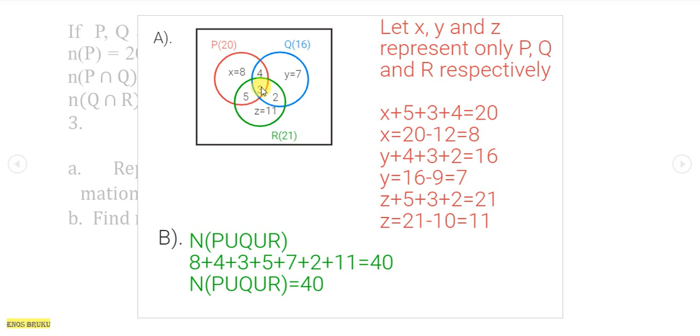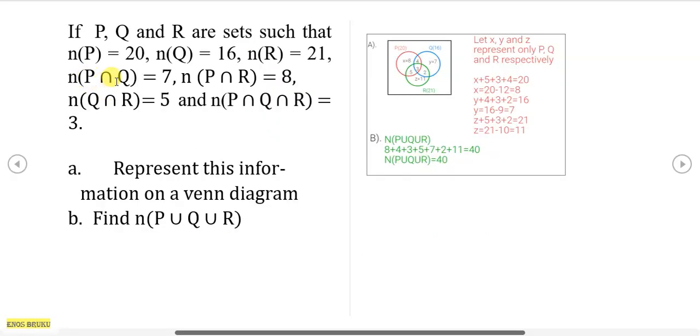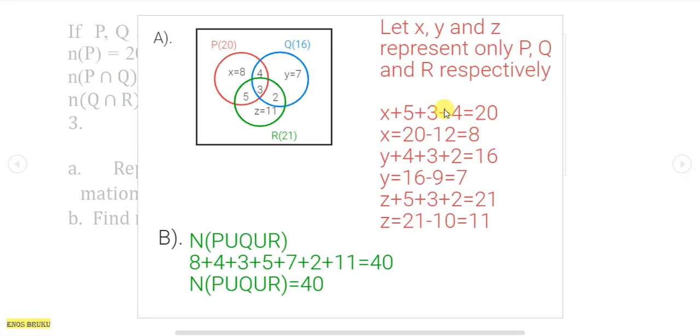Okay, so if they are saying P intersection Q is 7, it means all this is the 7. But we already know this portion to be 3. So to get this portion, we subtract the 3 from the 7 to get 4.